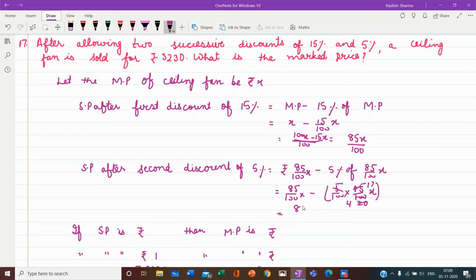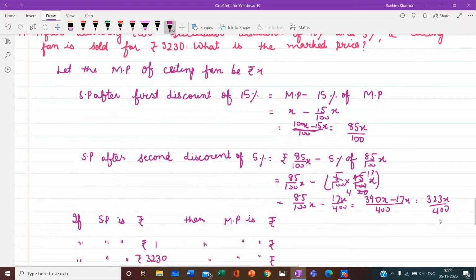So we get here 85 upon 100x minus 17x upon 400. So 400 we will take as LCM here. So it will be 323x upon 400. Okay. So now we have to find the mark price.